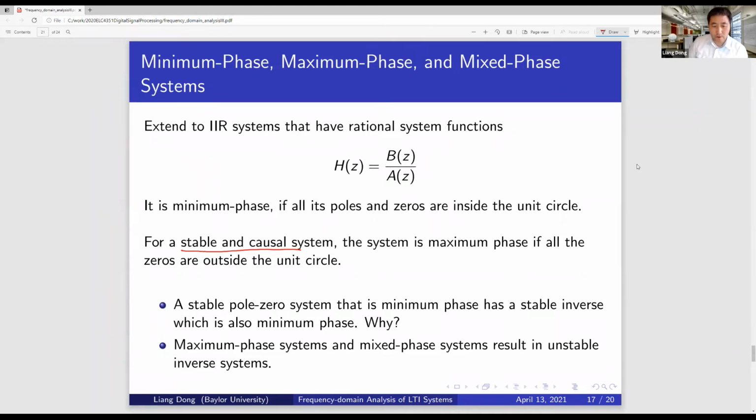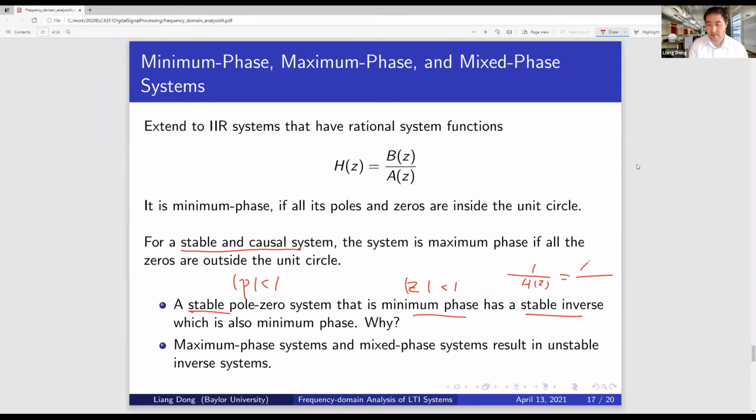A stable pole-zero system that is minimum phase has a stable inverse, which is also minimum phase. Why? Well, for a stable system, the poles are within the circle. Minimum phase means that the zeros are within the circle. It has an inverse system. The inverse system is we take 1 over H(z).